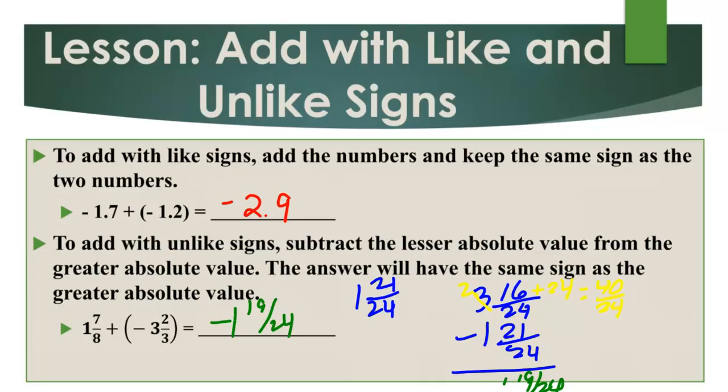Now, another way of doing this is you could convert these to improper fractions. That might be a little bit easier. So if I did 8 times 1 is 8 plus 7 is 15. And then multiply that by 3/3. And that would give us 45/24.